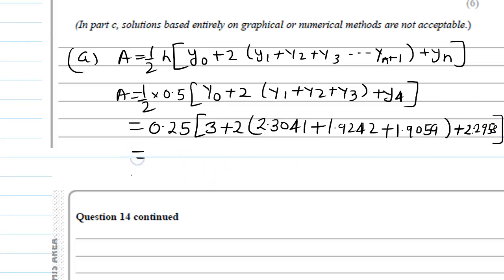If you simplify, let me put this in a calculator quickly. 1 by 2 times 0.5, that is 0.25, times 3 plus 2, 2.3041 plus 1.9242 plus 1.9059 and 2.2958. It comes to nearly 4.392. If you need to take 3 decimal places, so 4.39 you can take, because the next digit is less than 5, so 4.39, nice and easy. So this was your A part.